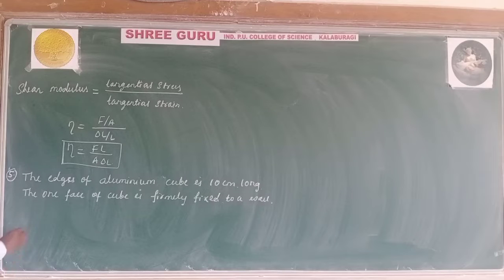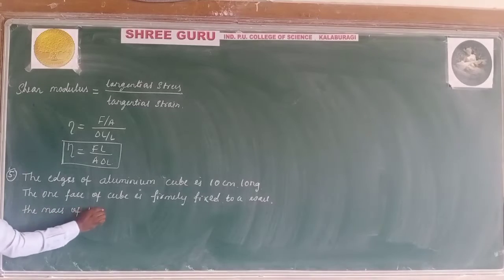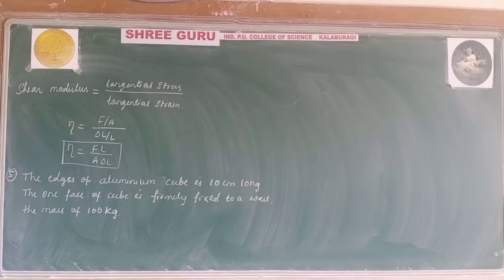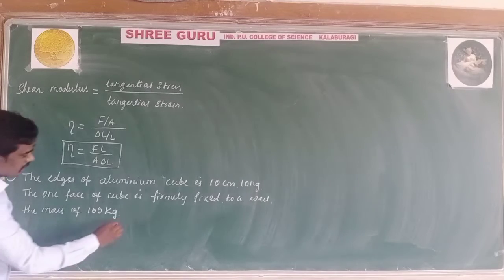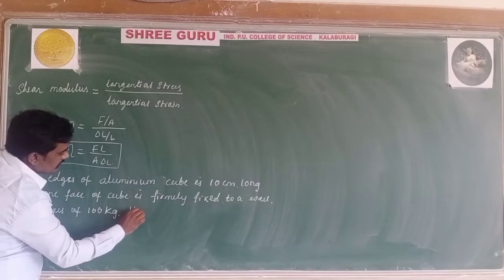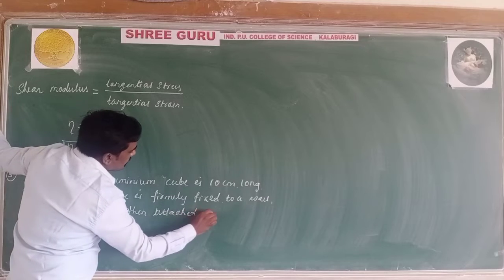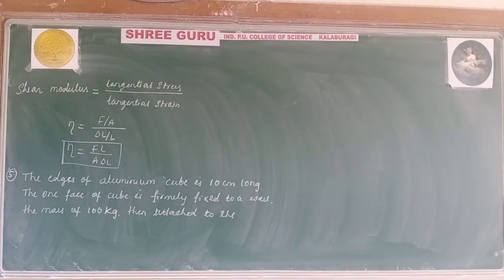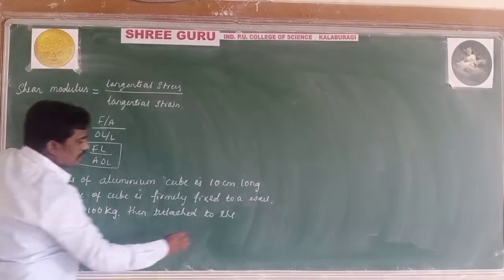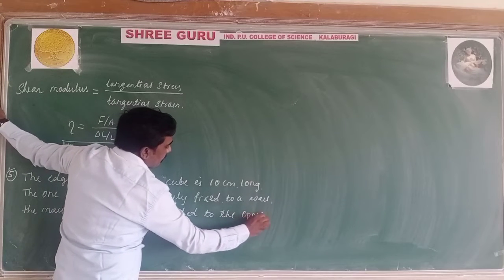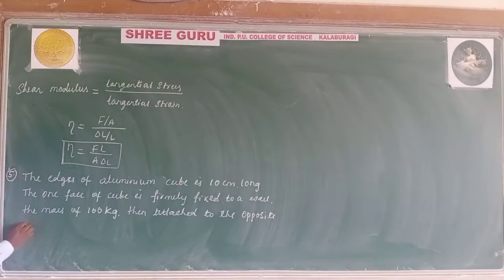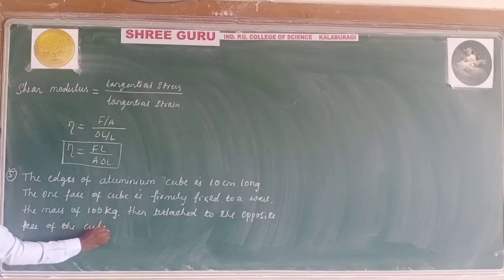A mass of 100 kg is then attached to the opposite face of the cube.